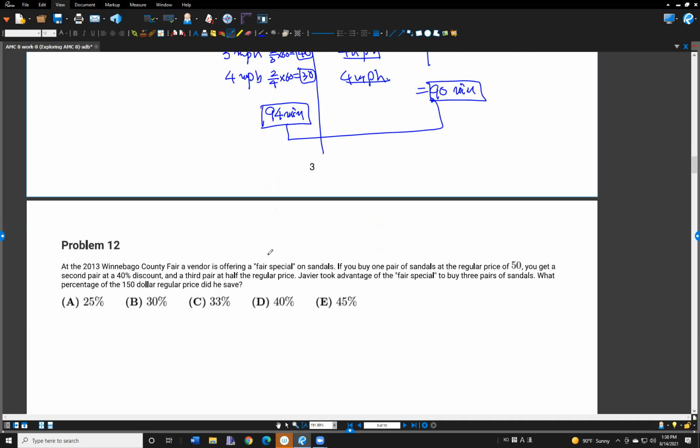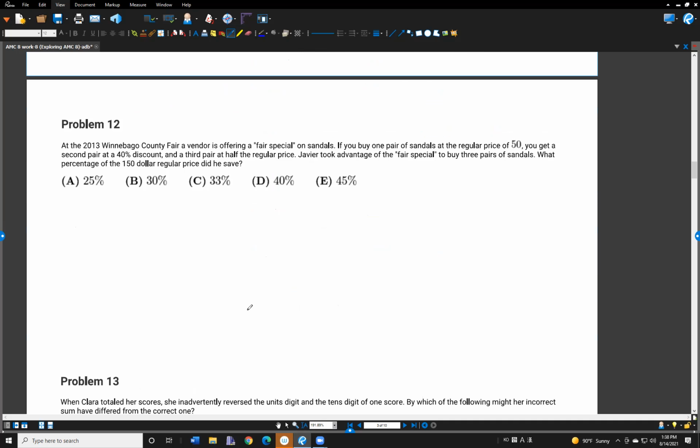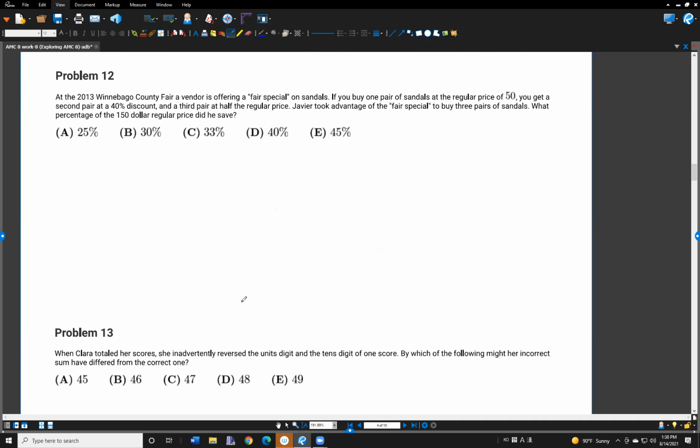All right, now number 12 is yours. Try number 12, a little harder. Compare number 1 to 10. Someone used the pair special on sandals.